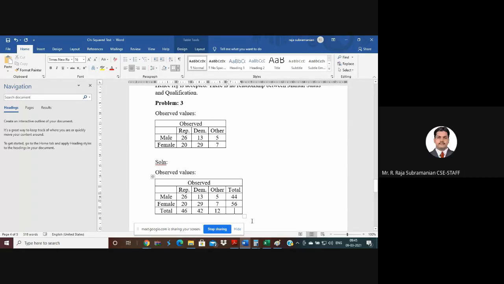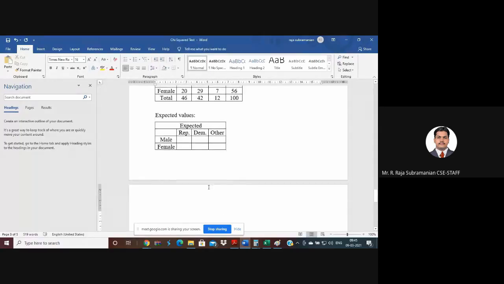If you add both these things, are you getting the same value or different value? 100. Both ends you should get the same value, right? Yes, sir. Now how will we calculate the expected value for this particular table?